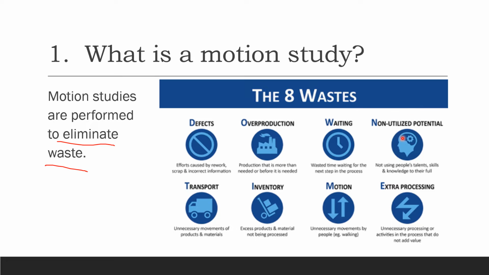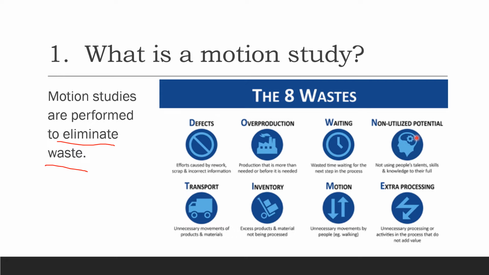And if you don't use it, okay, you will become rusted. Just like you have to use your muscle every day exercising, if you don't use the muscle it will go weak. Okay, just like that. You have talent, brain in your system. And if you don't use it, the potential will just go away. So same as that, in the company, we're going to get rid of, okay, non-utilized potential.